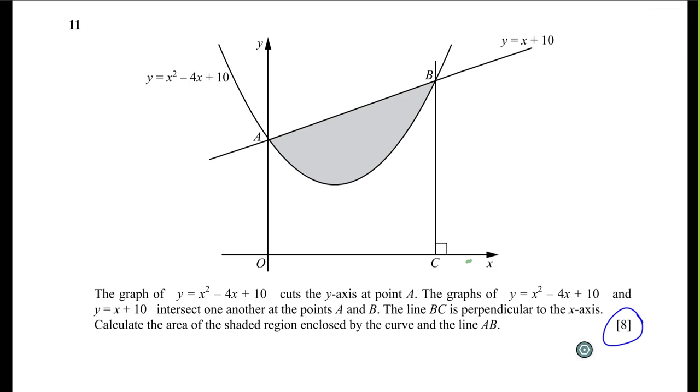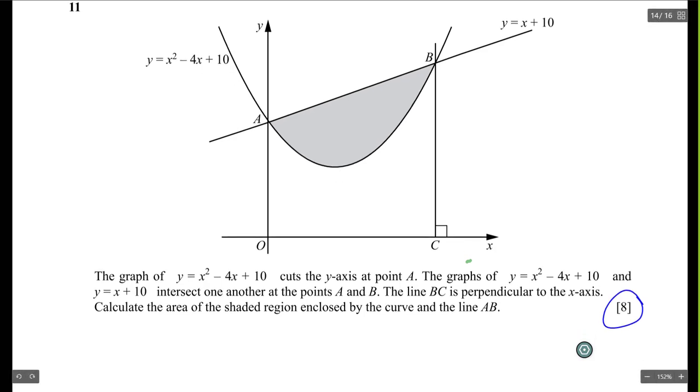Okay, so how are we going to do this one? First thing is find the intersection point. I believe this one should be the y-axis, the A. So yeah, they do say point A. How are we going to find the intersection point? We do substitution, right? So we sub y into y.